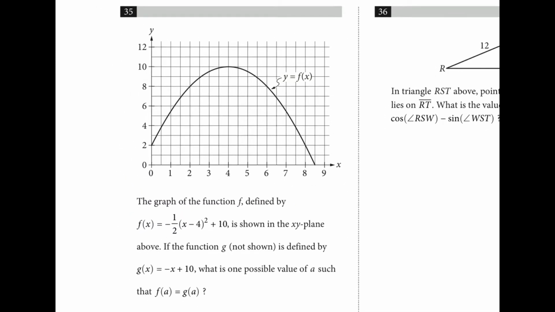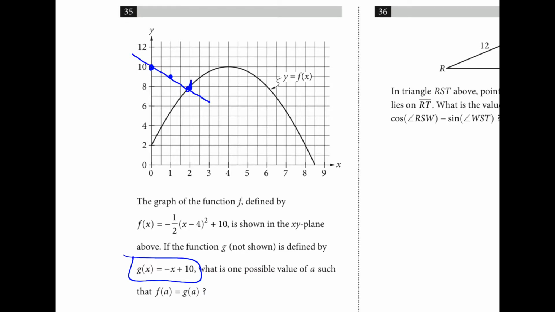35, we're looking at f of x here, and then they give us a hypothetical, here's g of x, when will they cross? So we have to pay close attention to the scale here. The y-axis is counting up by ones each time, and the x-axis is counting up by halves. So if we start here at 10 for g of x, and we go down 1, really, we're going to be heading over here because of the scale.